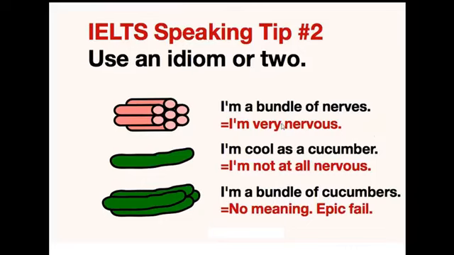Now, this idiom could be used in many ways when you have to talk about an achievement. Let's say you have got a promotion at your workplace, and you have to deliver a speech. You need to thank your boss and your colleagues.